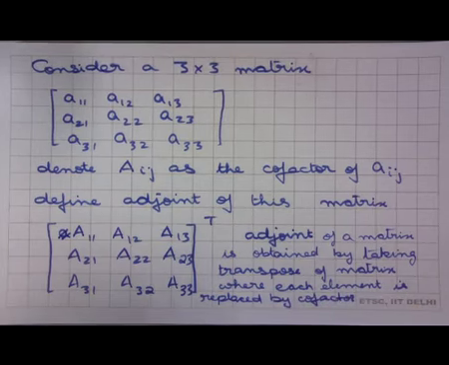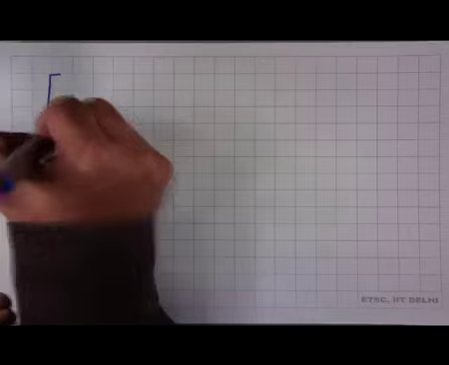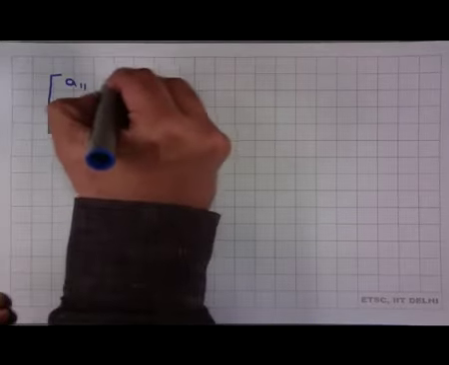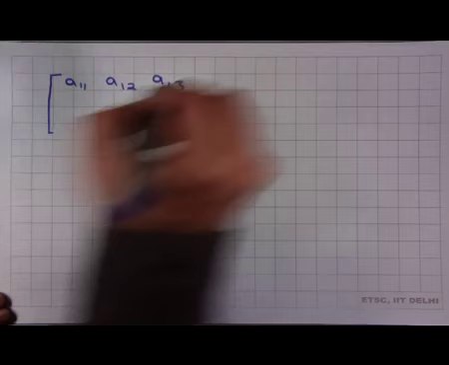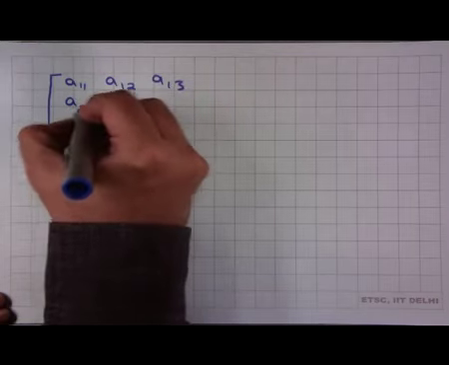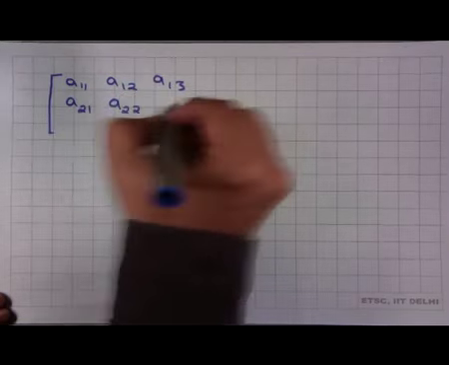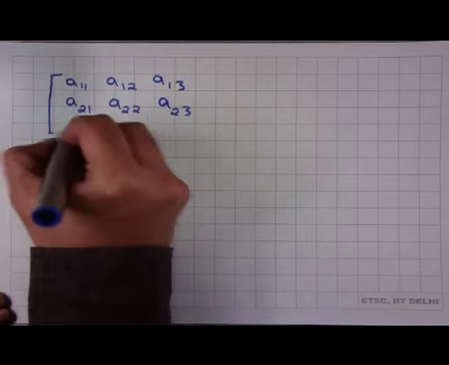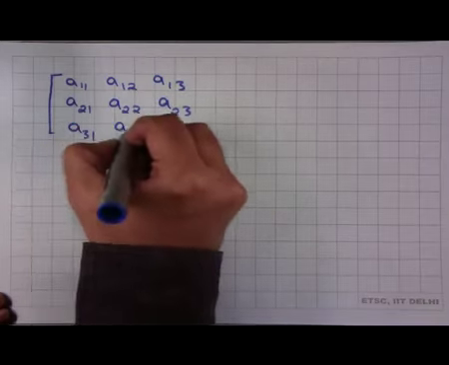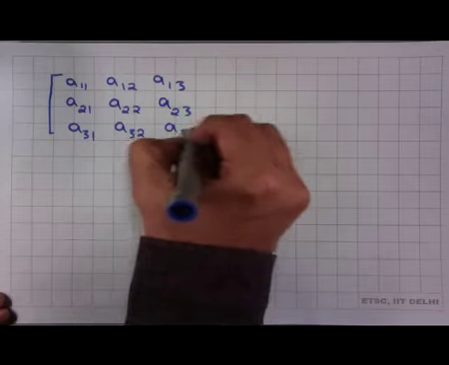All right. So, the adjoint of a matrix is defined by the transpose of a matrix obtained by replacing each element by the corresponding cofactor. So, in this 3 by 3 case, we have the matrix A11, A12, A13, second row first column, second row second column, second row third column, third row first column, third row second column, third row third column.